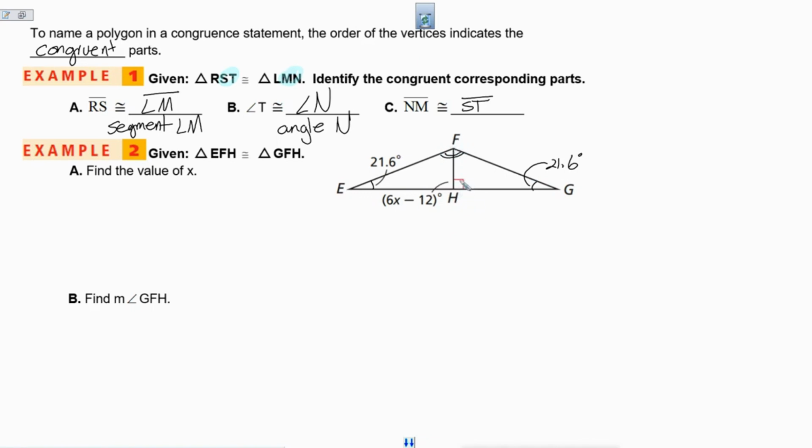And since we know that angle GHF is a right angle, meaning that it is 90 degrees, we know that this other side is also 90 degrees. So now we can solve for x, because we know 6x minus 12 equals 90.